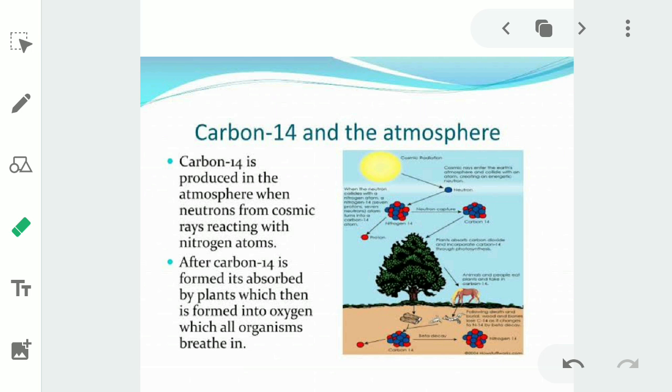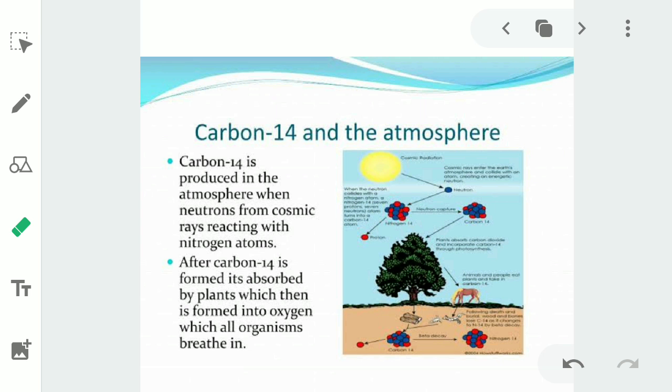This carbon 14 is taken up by plants, and plants give out oxygen, and oxygen is taken by other living organisms, right? So oxygen is taken by all organisms when we breathe. So when we are alive, we take in carbon continuously because we respire continuously, right? But when we die, the carbon consumption stops.